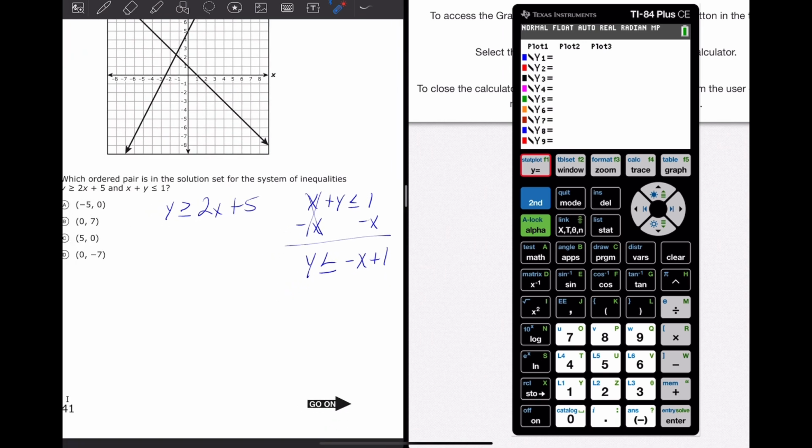Notice the inequality symbol. Change the line to the corresponding symbol. In this case, it's greater than. For y2, notice the symbol is less than. Go ahead and change that so that you can get your shaded response.